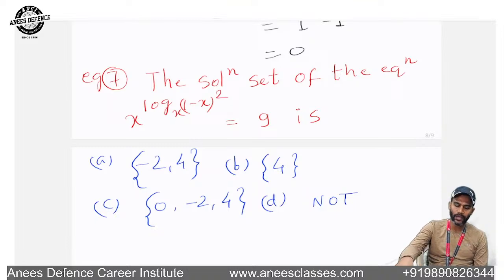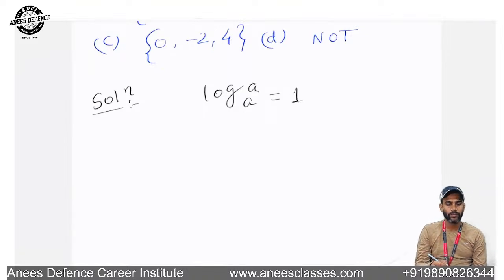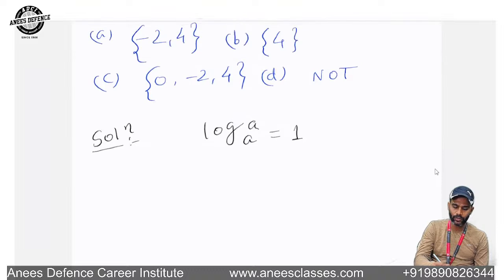Very easy. See, we have one property. What is the property? The property of log: log a base a is always 1. Yes or no?